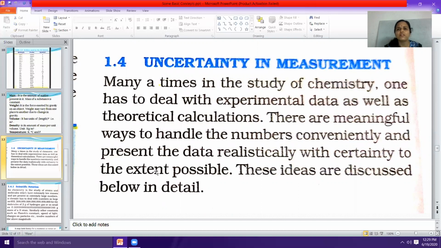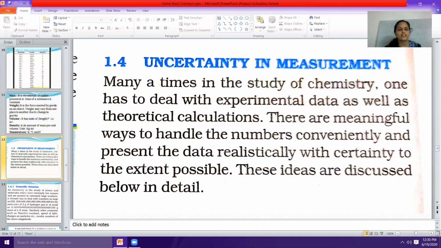So many times in the study of chemistry, one has to deal with experimental data as well as theoretical calculations, and there are meaningful ways to handle the numbers conveniently and present the data realistically with certainty to the extent possible, and these ideas are discussed below in detail.